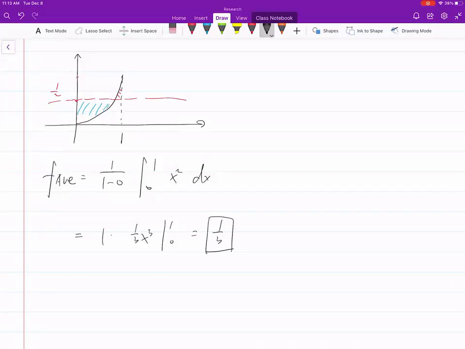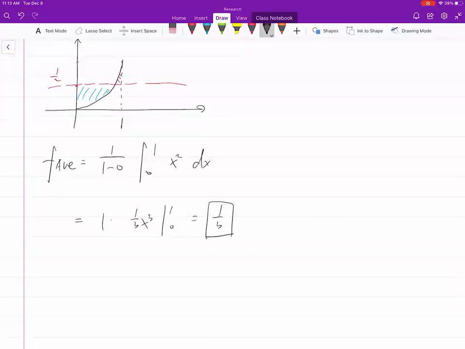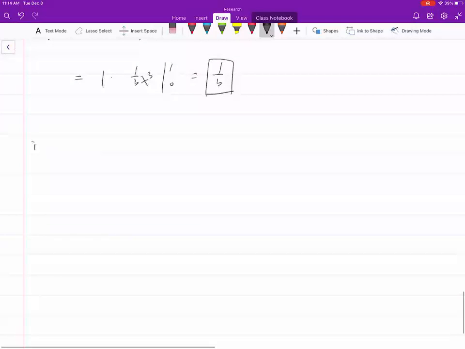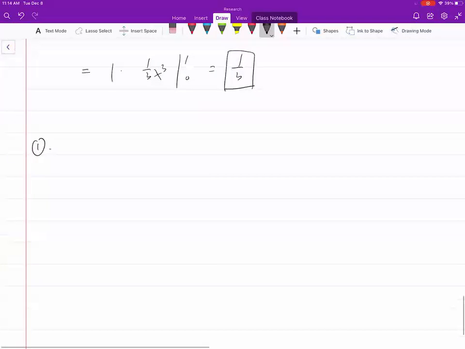All right. I think the formula is pretty easy to calculate. But do you see how to do the average value of a function now? That's exactly what we do. Okay. Now we need to try to think about how we understand this. It should make sense. We have several different ways to understand it.